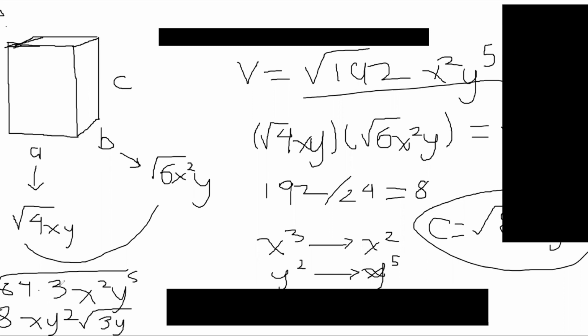So we found 64 times 3, and 64 goes out as 8, and then we divided the x to the 2 by 2, so it gave us x, and we separated y to the 4 into y to the 4 and y. So then y to the 4 divided by 2 is y squared, and inside we only have 3y, and that's the simplest form.